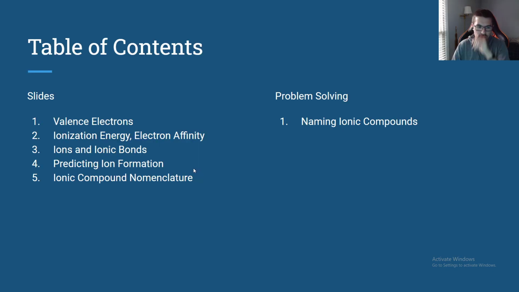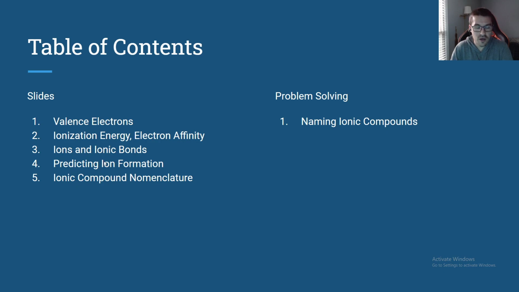Okay, table of contents. We're going to be talking a little bit about valence electrons again. Actually, valence electrons are going to continue being important for many months to come. We're going to touch on ionization energy and electron affinity. Talk about ions and ionic bonds, predicting ion formation, and then ionic compound nomenclature.